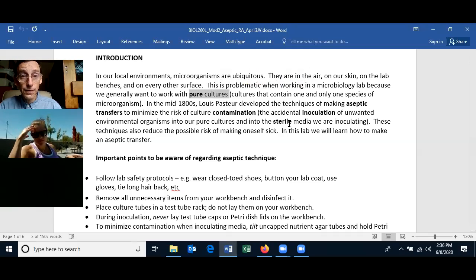Another advantage of using aseptic technique is when it's used appropriately and correctly, you will reduce the possible risk of contaminating your environment and making you or anyone else in the lab sick. So we're going to learn about how to make aseptic transfers today.